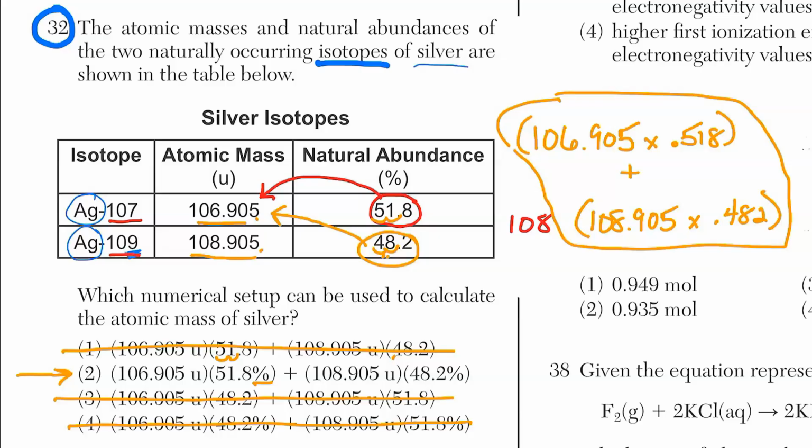What a percentage is, is 51.8 divided by 100, right? So by putting a percentage there, they're implying 0.518. So that's what that is doing there. Not a big fan of the question, but you can tell 1 you cross off, 3 and 4 make no sense because they were trying to find the percentages of the wrong atomic mass there.